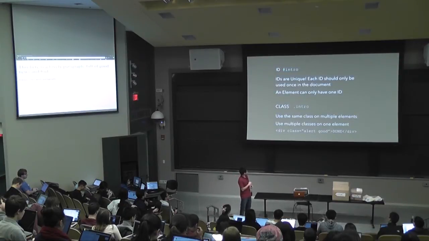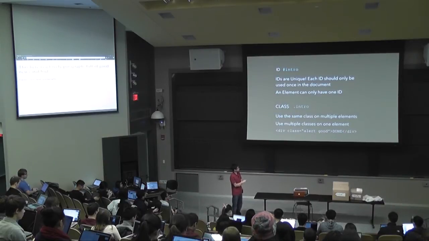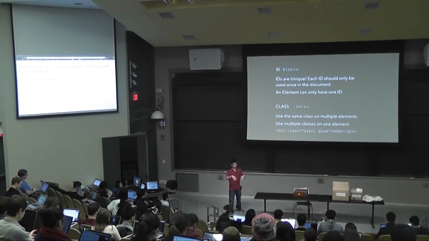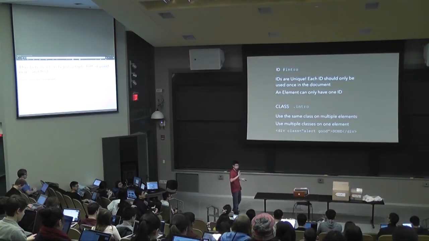These classes can be applied to multiple elements, and you can use multiple classes on one element, like this, with a space in between. So div class equals alert good, and in that case, we have both the alert class and the good class. So we can have 2 separate CSS rules that apply to the same element. Anyone see a lot of weird looks?